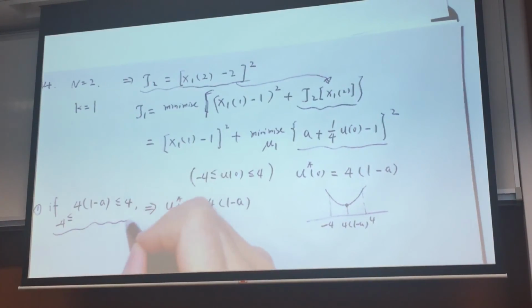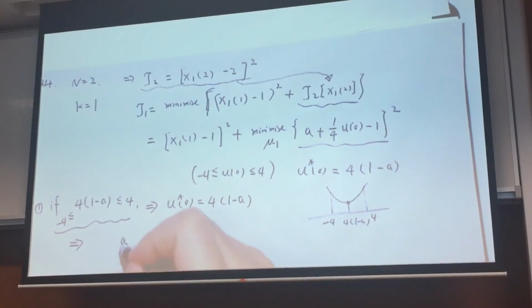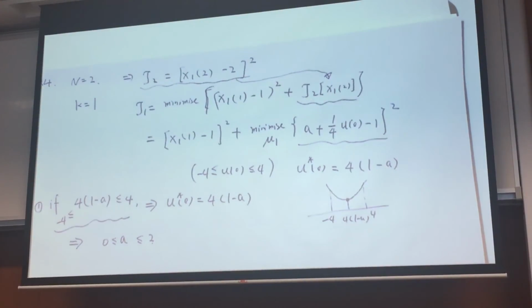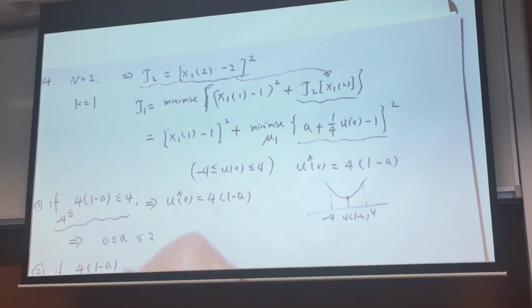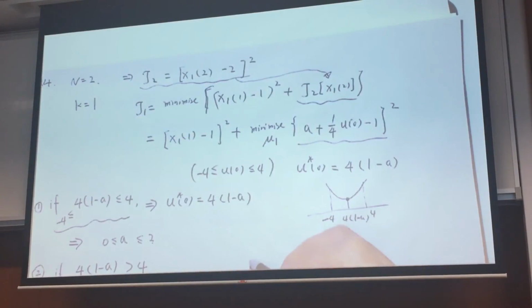For this equation, you can make some further derivation, which means A is between 0 and 2. For the second situation, if the global minimizing point 4(1 minus A) is greater than 4, the scenario is like this.